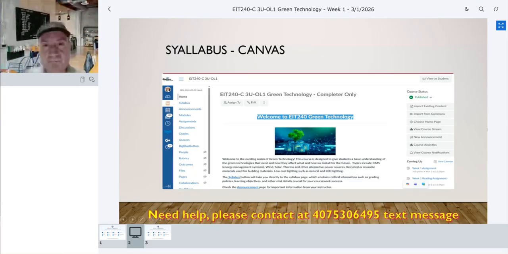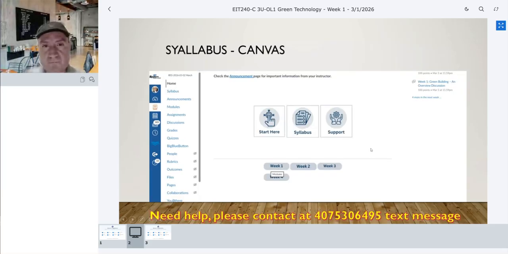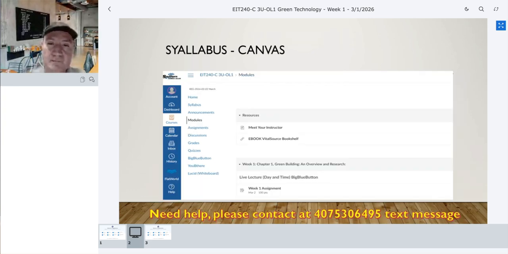Now, if you want to check your ebook, because in this opportunity everything is online, you need to have access according to the Start Here section. When you go down the main menu, you see Start Here, Syllabus, Support, Week 1, Week 2, Week 3, Week 4. That is pretty much the class. And when you press Start Here, you have the opportunity to go to the modules.